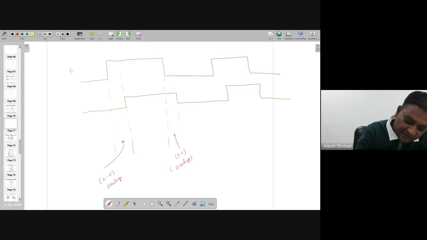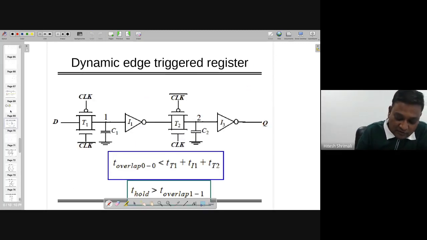What does it mean? This clock and clock bar are actually overlapping each other. So the best way is you can take the non-overlapping clocks. However, if you cannot avoid such a situation, then there are different possibilities.